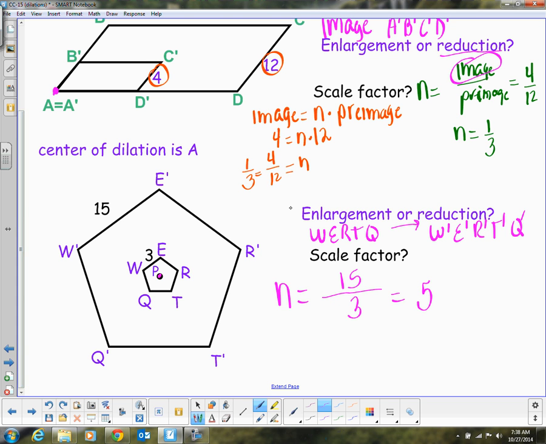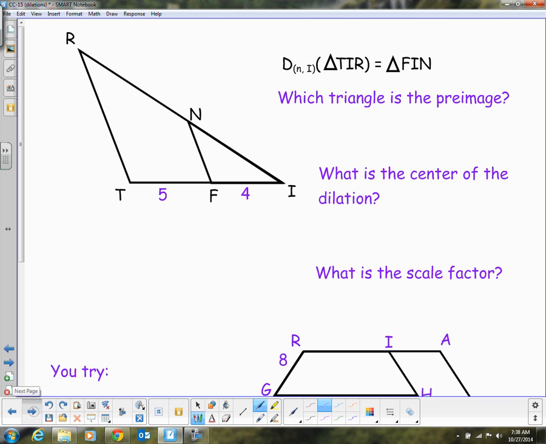If you can answer this question correctly, in essence, am I testing to see if you understand who the pre-image and image are? So that would be like a double assessment on one question. All right, which triangle? Now they're telling you the dilation, scale factor n about I of TIR is equal to triangle FIN.